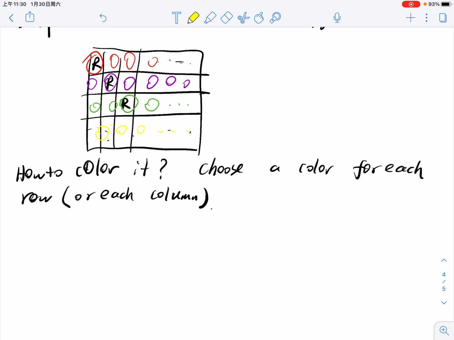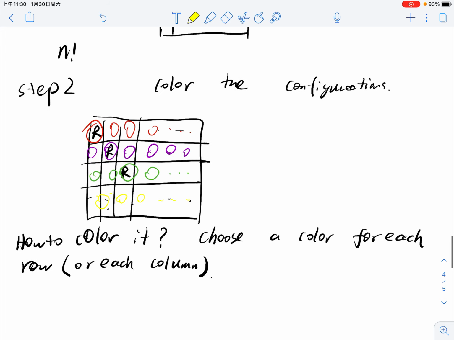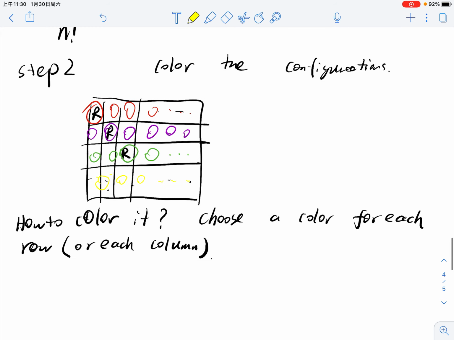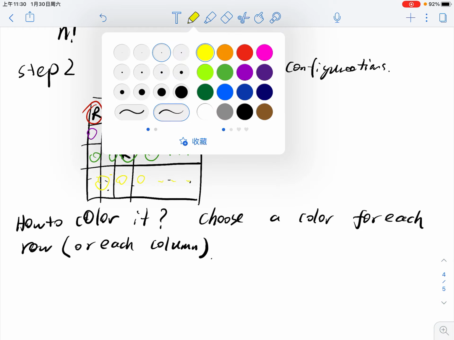Okay, then no matter what configuration you have in the first step, the number of ways in the second step is n factorial. Let's see.